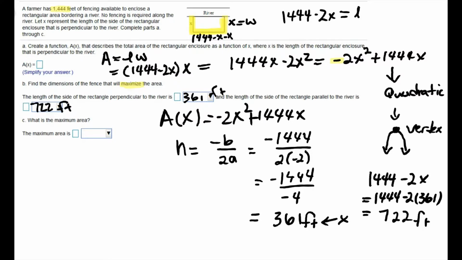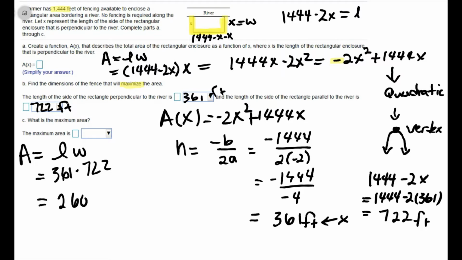And then we can find that maximum area. We can do it one way by multiplying the length times the width. That's 361 times 722. So that's 260,642. And the units there are feet squared.